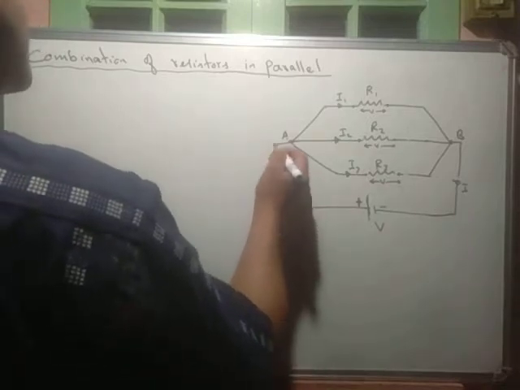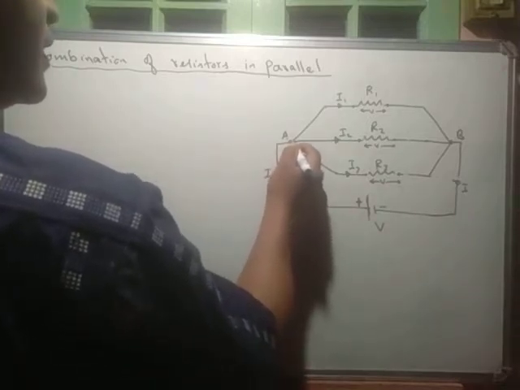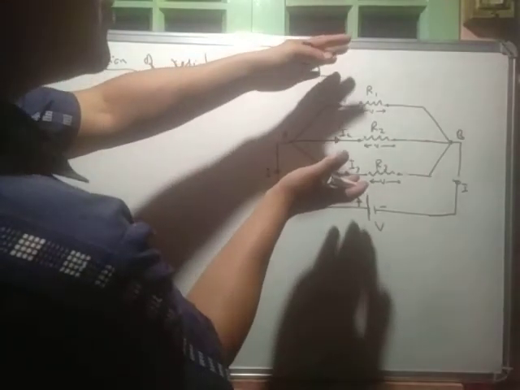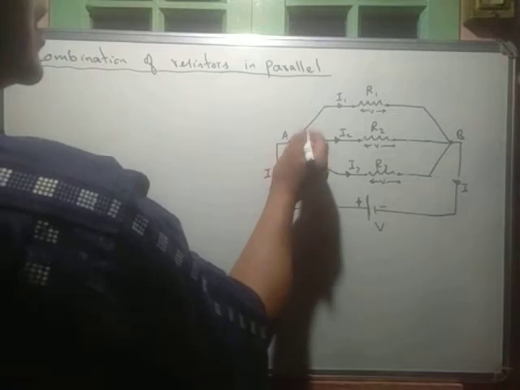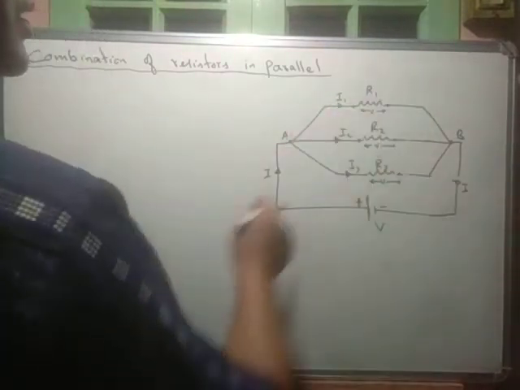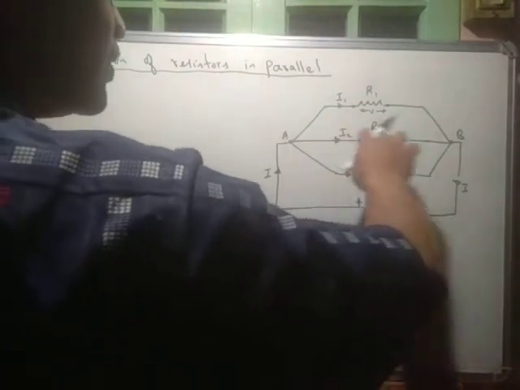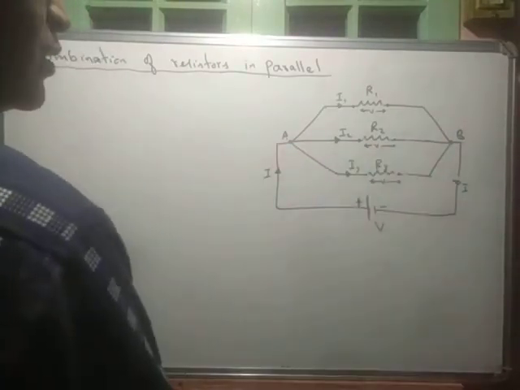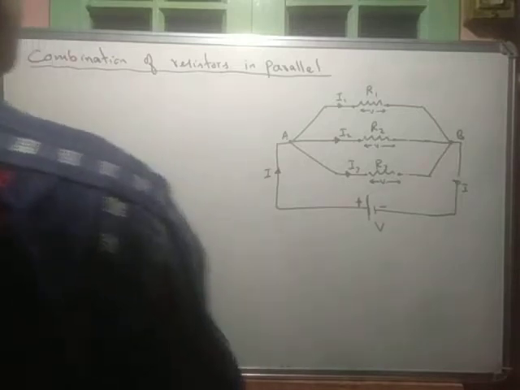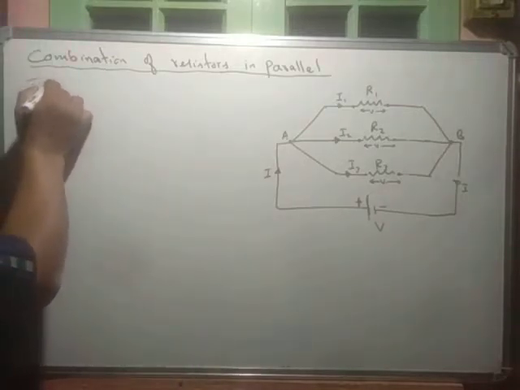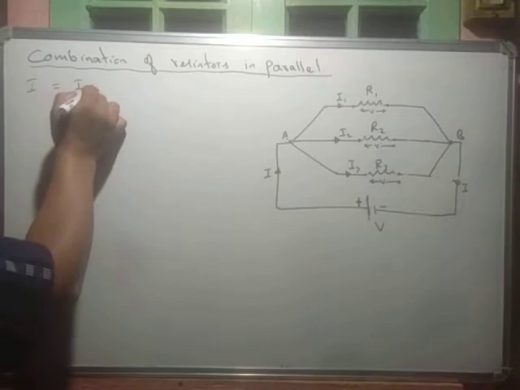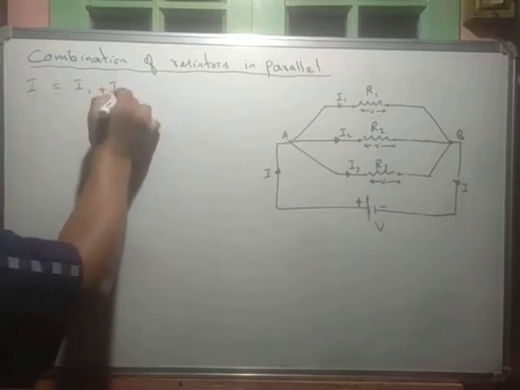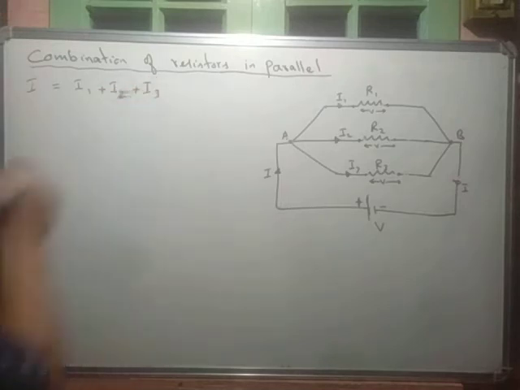It goes like this and reaches point A. At this point A, the current I splits up into three parts. Current I1 will flow through R1, current I2 will go through R2, and current I3 will go through R3. So I can say that this total current I is nothing but the sum of all the currents in the different branches.